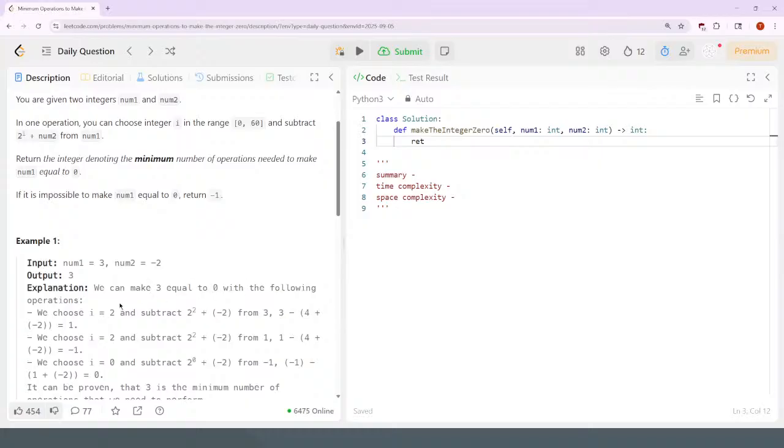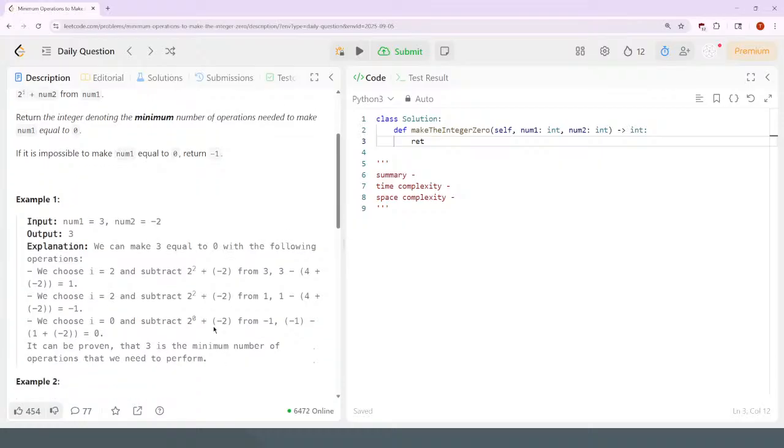You can make 3 equal to 0 with the following operations. Choose i equal to 2: 2 squared plus -2 is 2, and 3 minus that is 1. Choose i equals 2 again. I see, 1 minus 2 is going to be -1, and then you choose 0: 2 to the 0 plus -2 is -1.